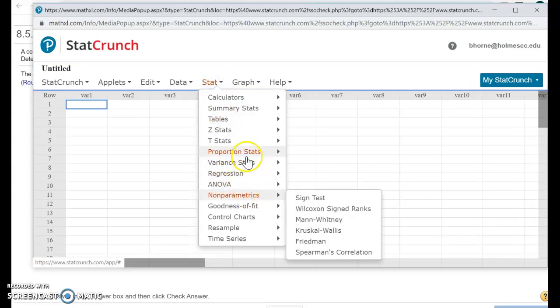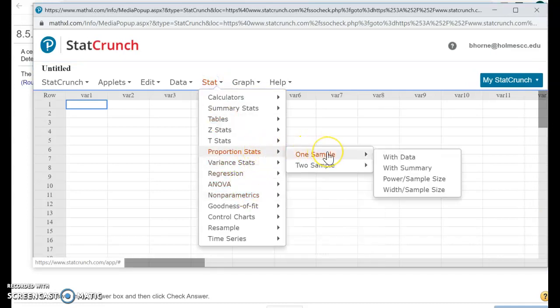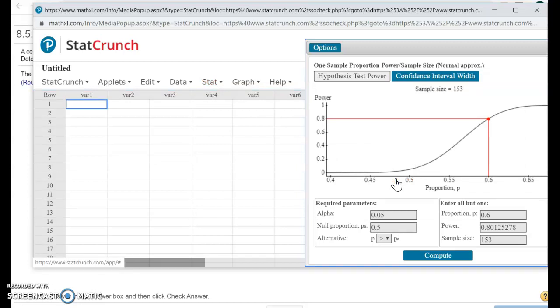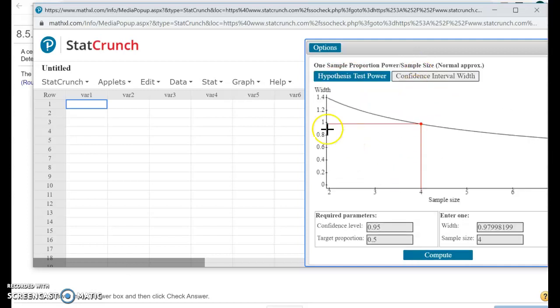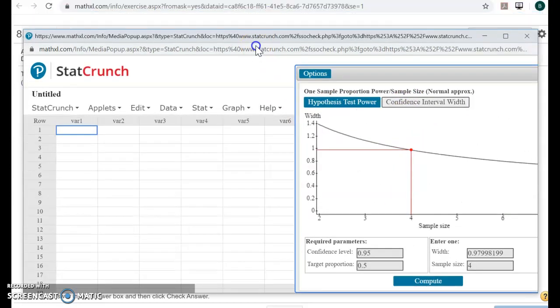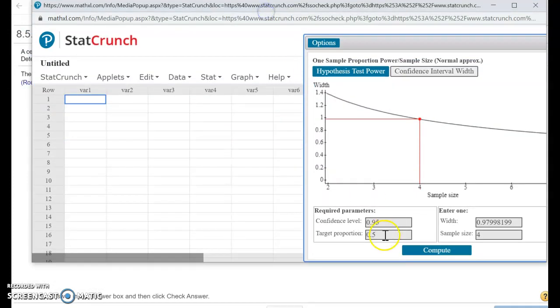Stat, proportion stats, one sample, and we want the power sample size because that tells us the confidence interval, or that's how we put the confidence interval in. Now, when you go in, you have to click on confidence interval with. Now, our confidence level in the problem said 97%.